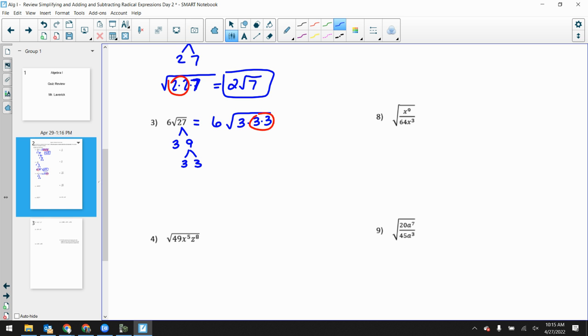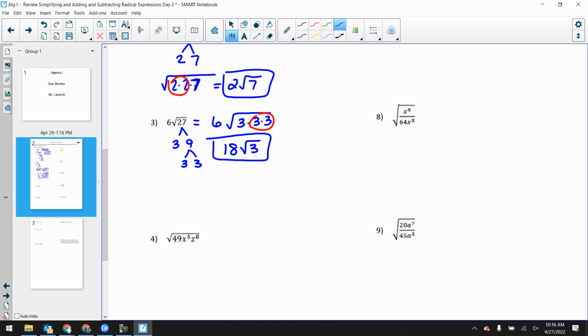And what's the total number on the outside? 18. Yeah, the 6 with the 3 on the outside becomes an 18 radical 3. And there's my answer. Okay? Any buddies that come out are going to multiply with that thing on the outside. So it's basically like you divide the 27 by 3 and then multiply the 6 by 3.